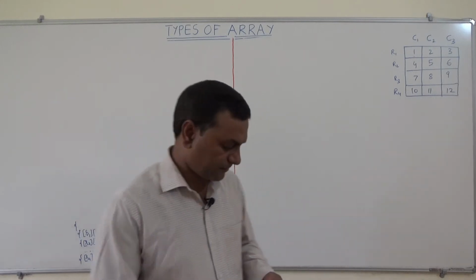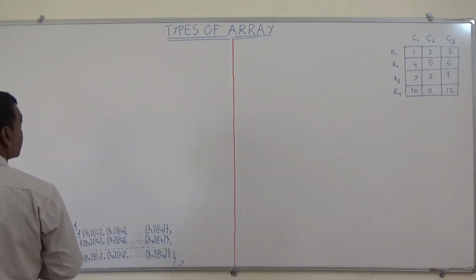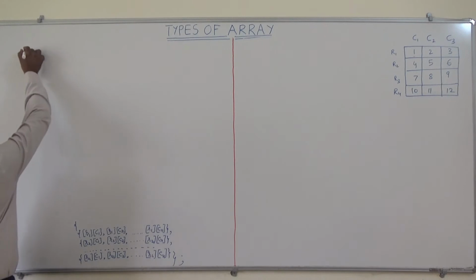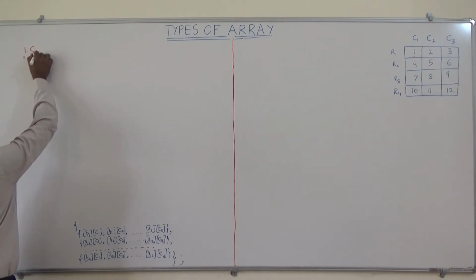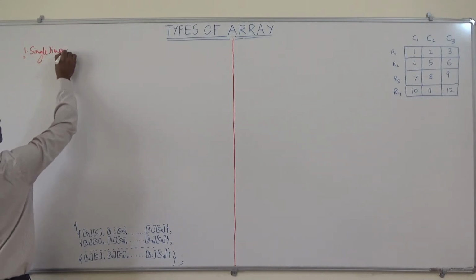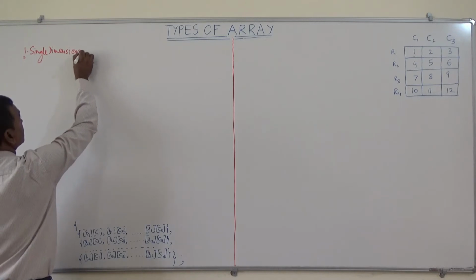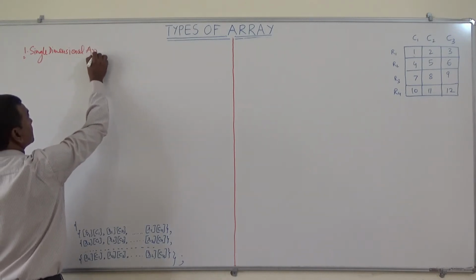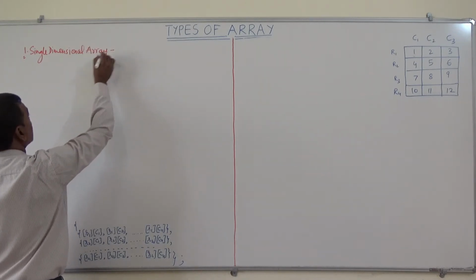So let us see. First category is single dimensional array.